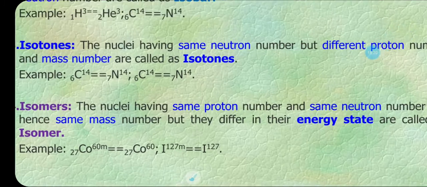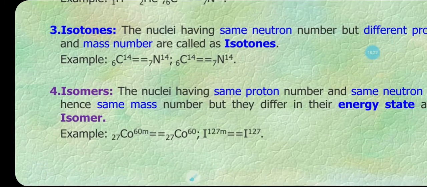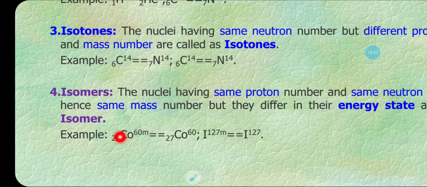For example, cobalt. The same number of protons, 27 and 27, and the neutron number will be the same. How many neutrons? 33 and 33, but the energy is different. This is metastable, higher energy cobalt, and this is lower energy cobalt.